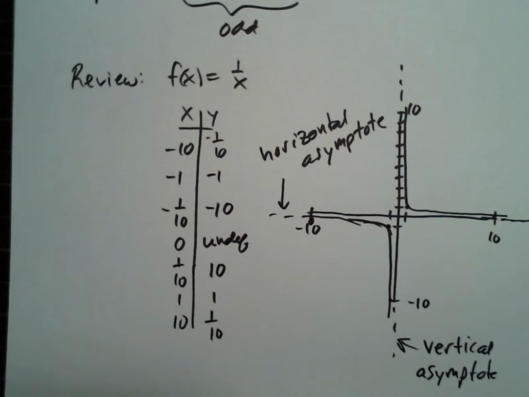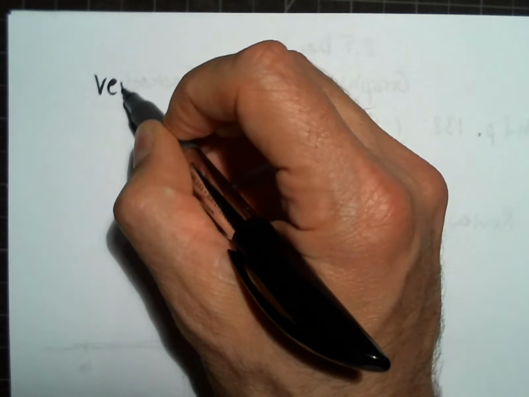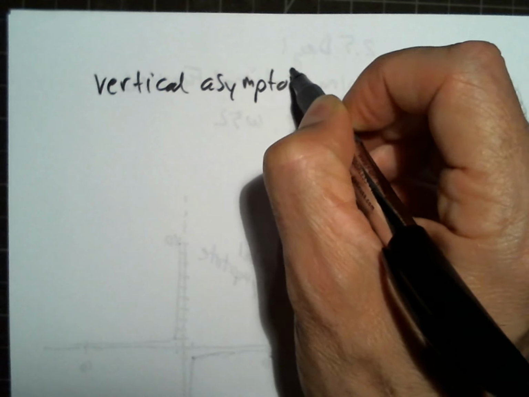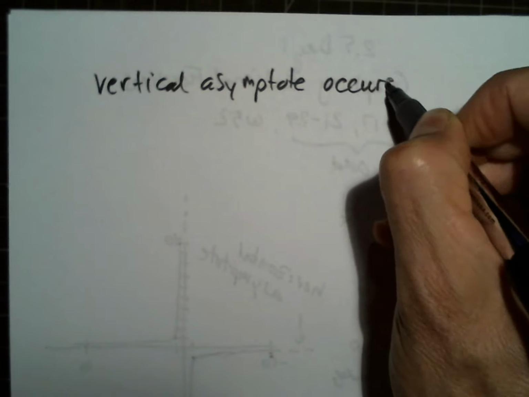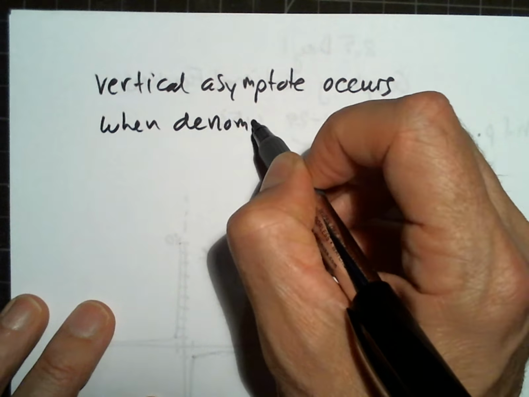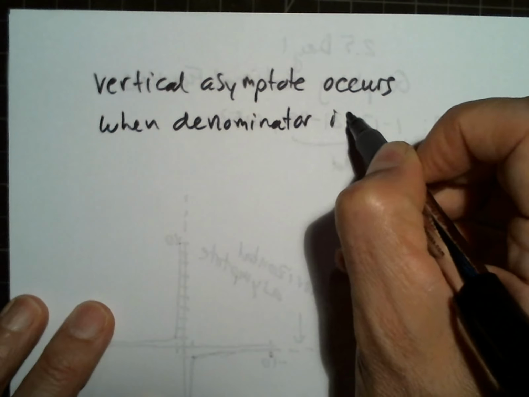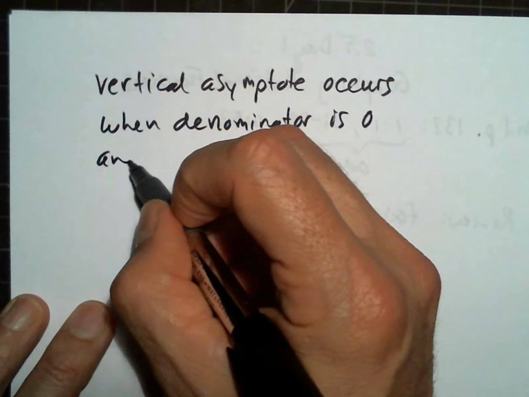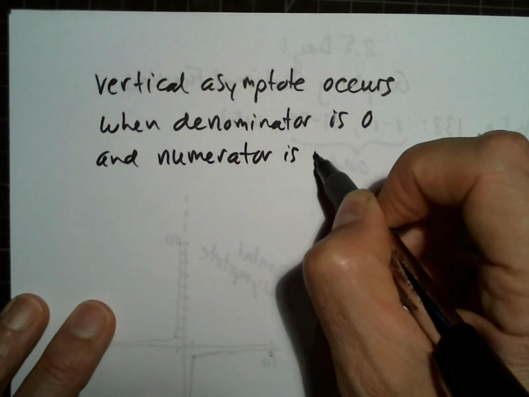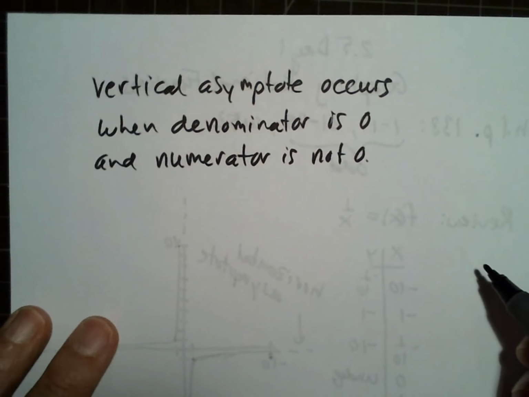Let's talk about how vertical asymptotes occur. So that's important.